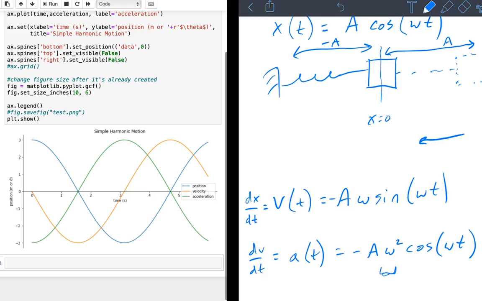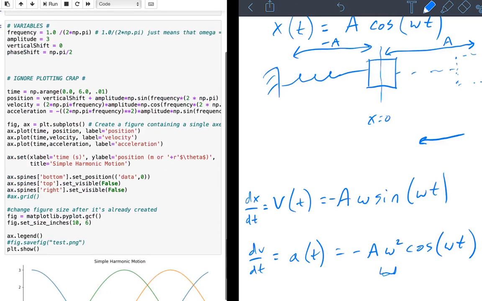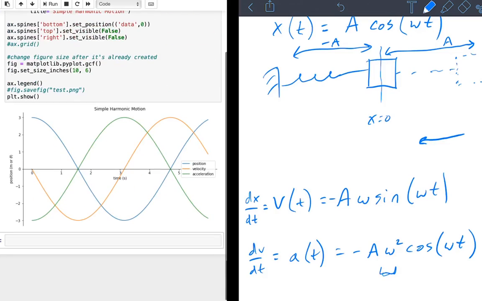But for these graphs, if you see a position graph, or even these velocity graphs, so we're plotting omega. Okay, so if you look, 2 pi is our period. There you go. Even the acceleration, and again, this is cut off a little bit over here, and the velocity both have that same period.